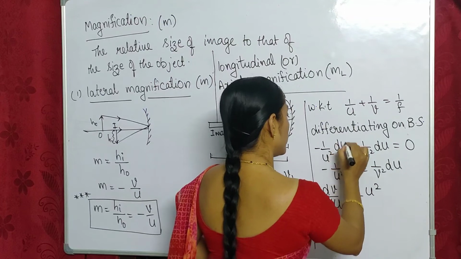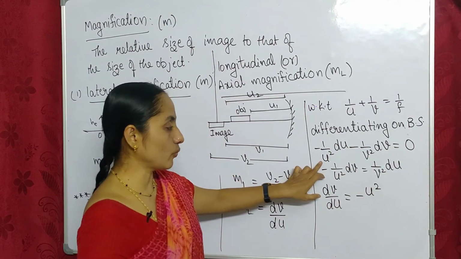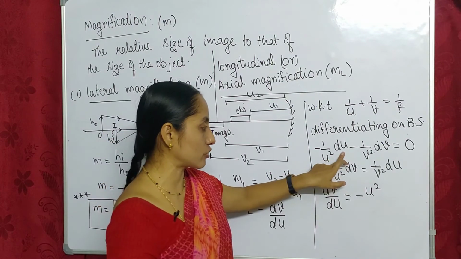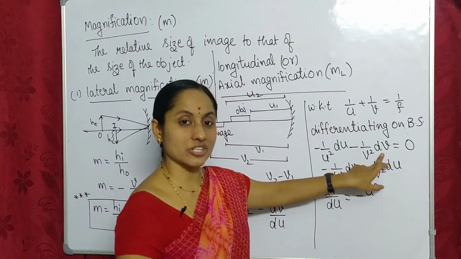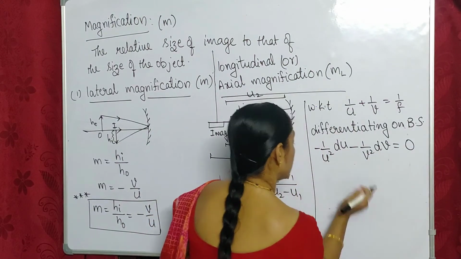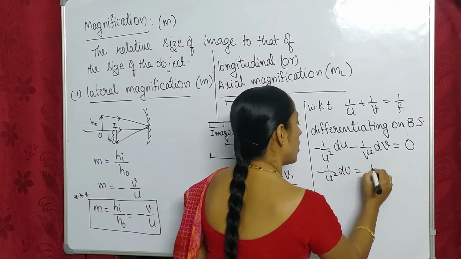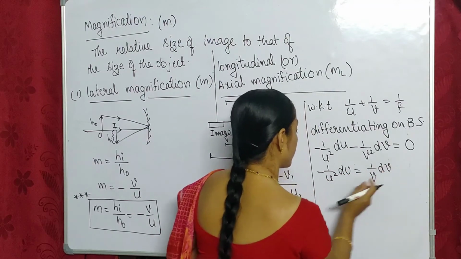This is du, this is dv, sorry for the mistake. With respect to u you are differentiating, so u; with respect to v you are differentiating, so v. So let me write it again. On rearranging, minus 1 by u square du is equal to 1 by v square dv, yes.